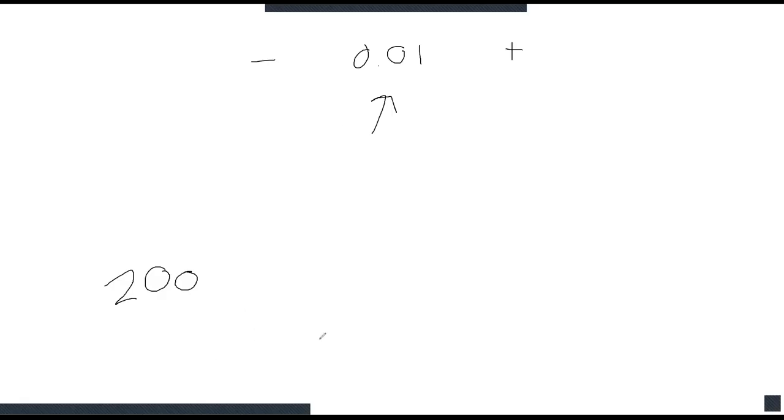Once you hit $200, then you can up it one more, which means 0.02, right? And as you hit 300, you can probably put 0.03, 0.04 as you hit 400, 0.05 as you hit 500.